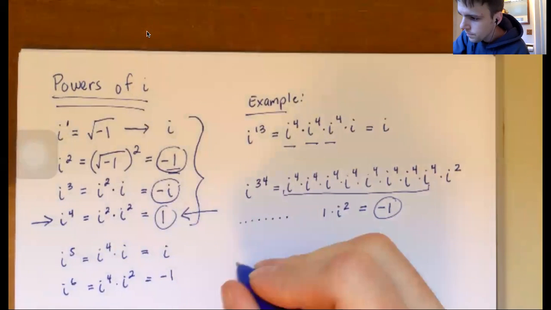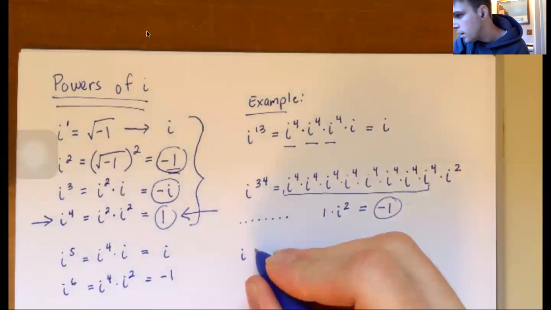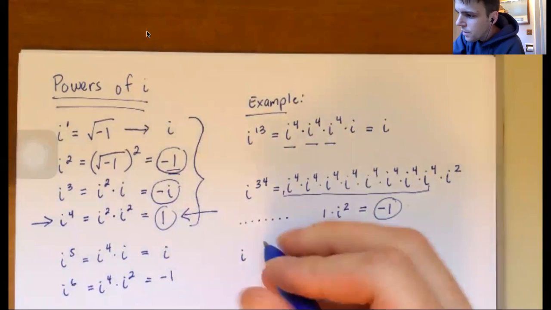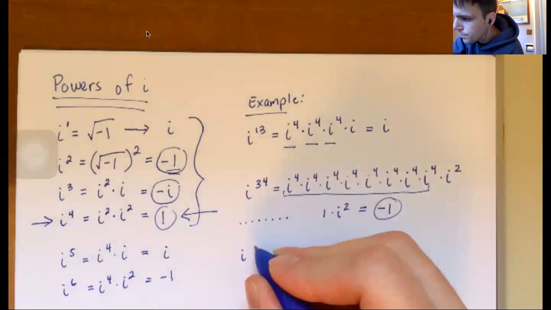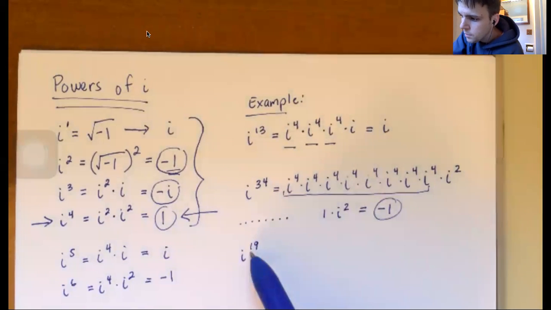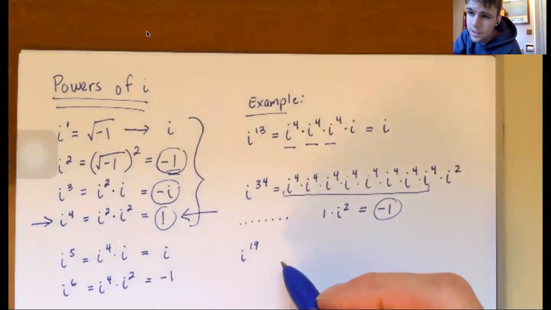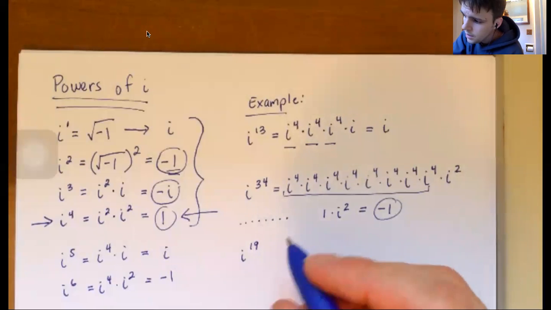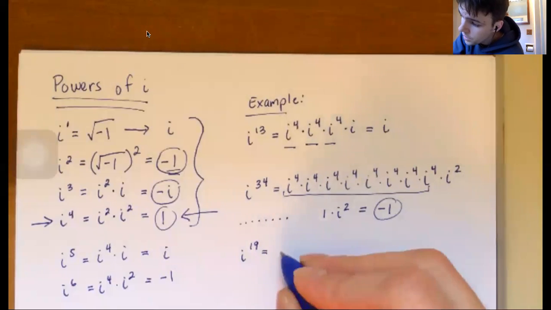Last example. We'll go a little smaller. That was a lot of i's to count out. Let's do 19. All right. How many times is 4 going into 19? Let's see. 4 times would be 16, and then that's 3 left over to get all the way up to 19.